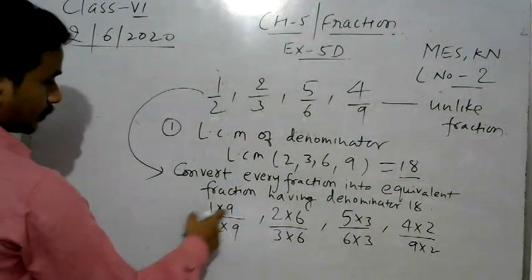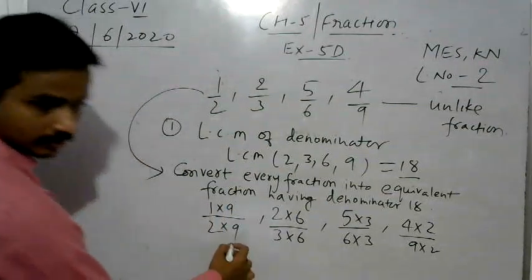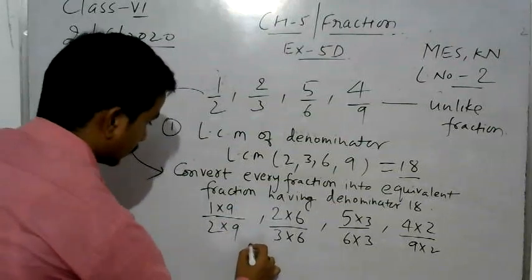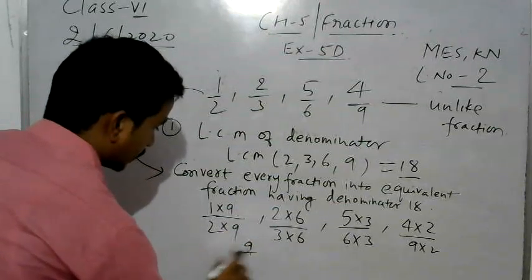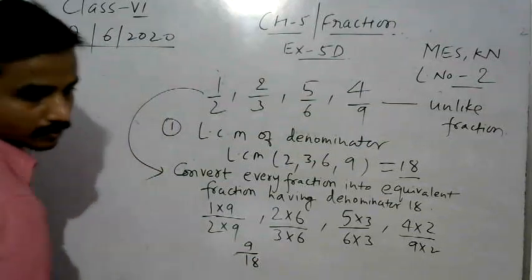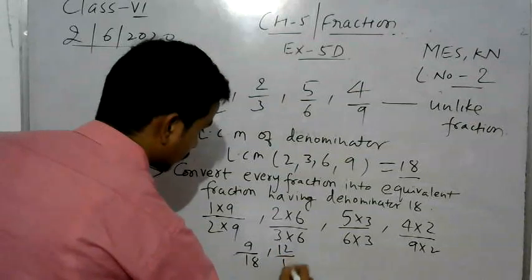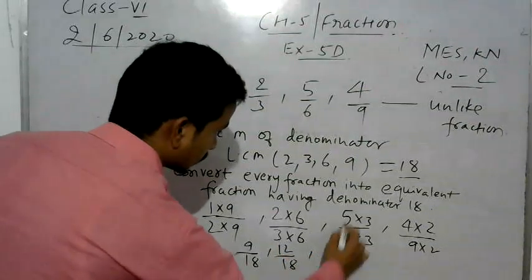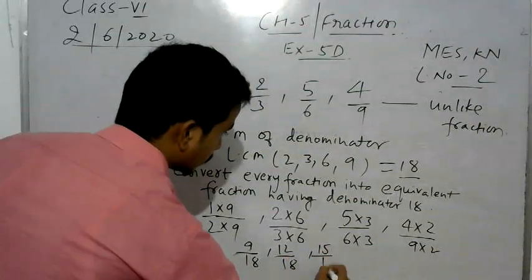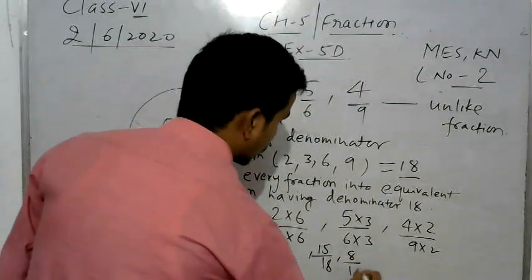Now, what are the fractions you will get? You will get 9 by 18, 12 by 18, 15 by 18 and 8 by 18.